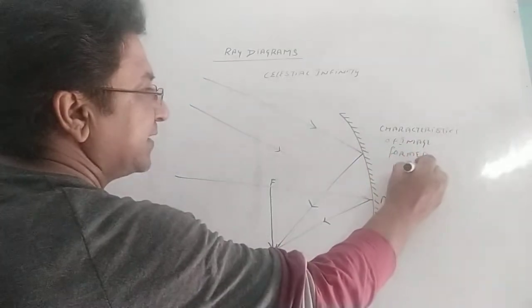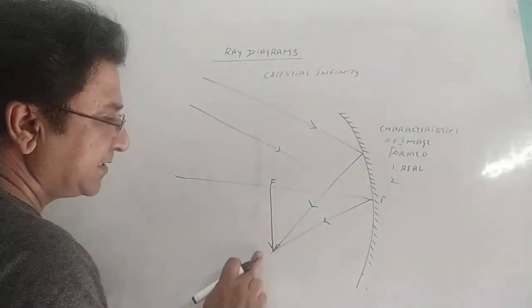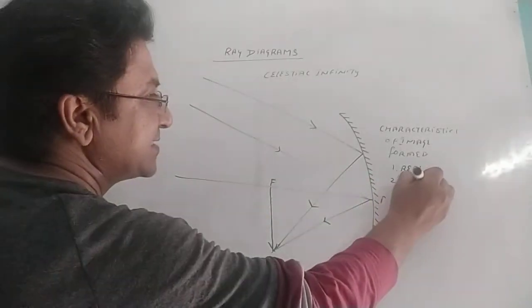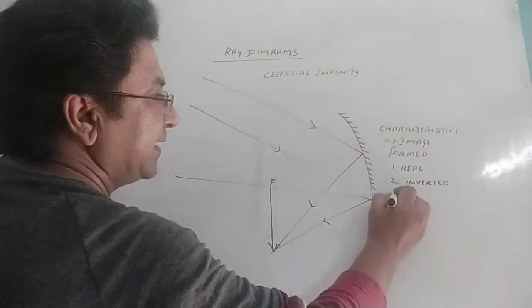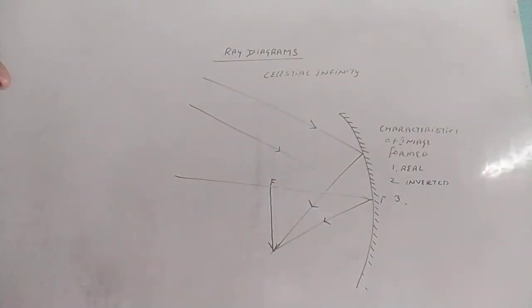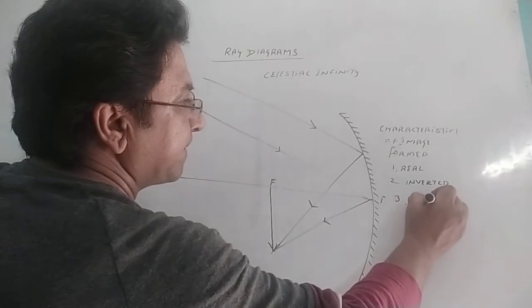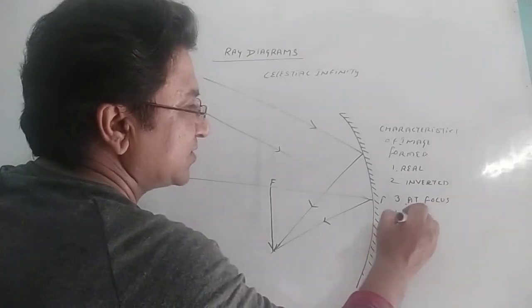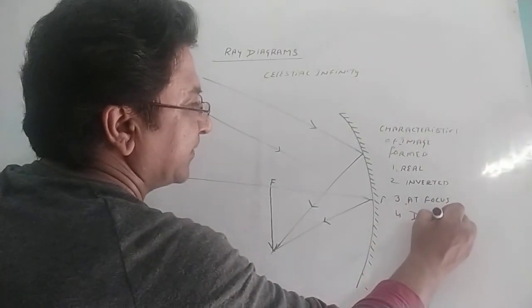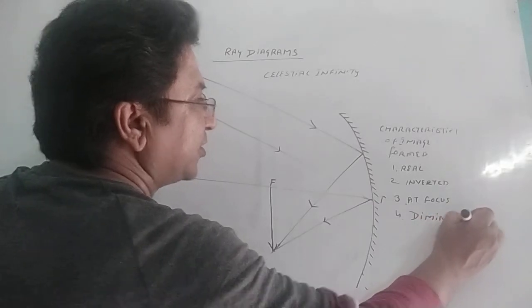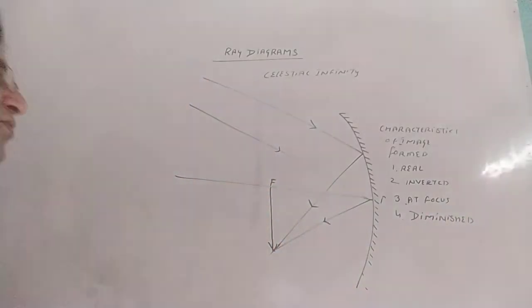Yes. Two reflected rays are meeting. It is real. Is it inverted? Yes, it is inverted. We can see. Real है तो inverted है. Real inverted कहाँ पर बनी? At focus. But it is almost diminished. Celestial objects बहुत बड़े होते हैं. ये इतनी ही बनी है तो it is diminished.